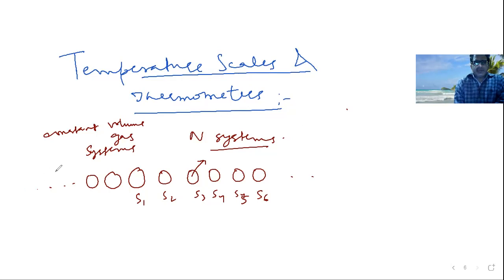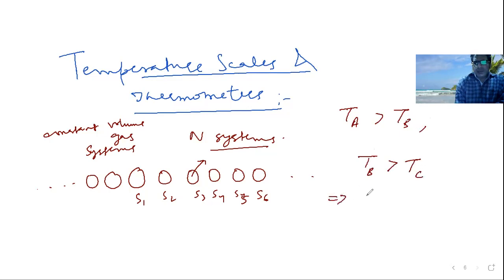This way, we can arrange the systems in this order, and we can use another property that if the temperature of system A is greater than the temperature of system B, and temperature of system B is greater than the temperature of system C, that will imply that temperature of system A is greater than the temperature of system C. This property we can also use that if TA is greater than TB and TB is greater than TC, that will mean TA is greater than TC. This way we can arrange these N systems.